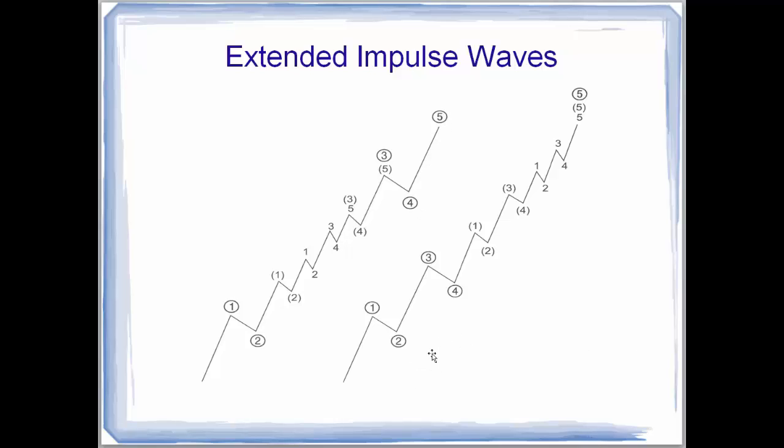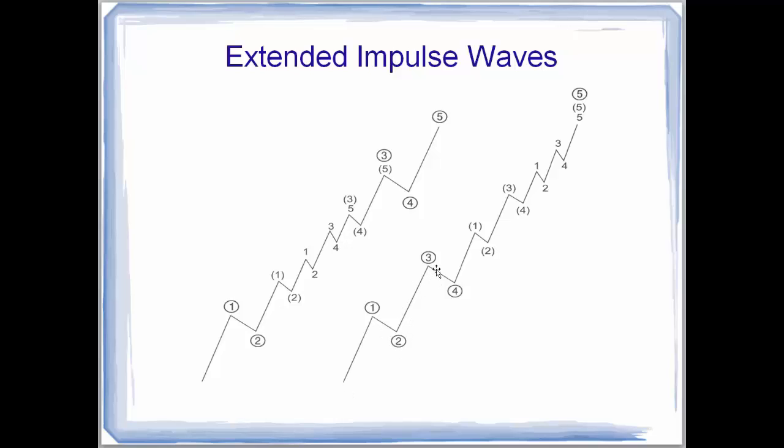If wave 5 was the extended wave, and this is the more typical wave to extend in, for instance, gold or silver commodities, it would count as a 1, 2, 3, 4, 5, 5 being the longest of 1, 3, and 5. Now, it's important to know that wave 3 in this example cannot be shorter than wave 1.